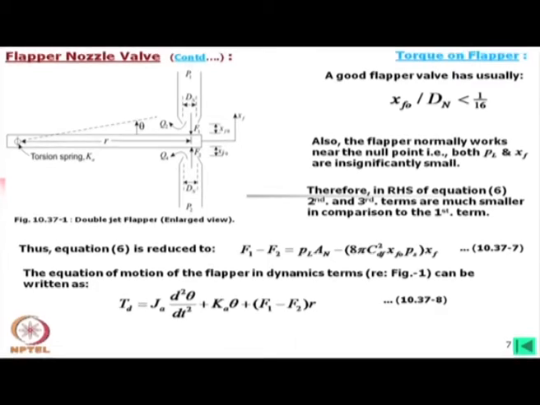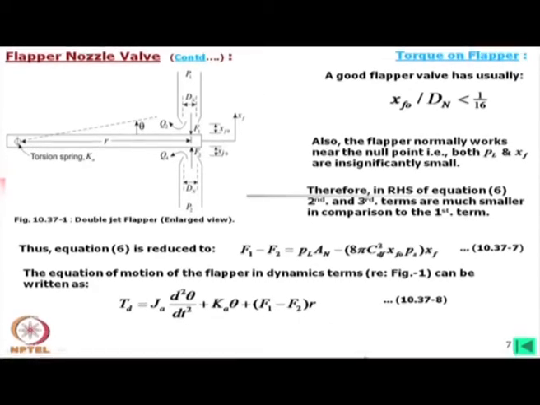Then we calculate the torque on the flapper, that means how much torque we need to operate this one. The equation of motion of the flapper in dynamic terms can be written as Td is equal to J, this is the inertia, times d square theta by dt square, plus this is the torsional spring stiffness into theta, plus the force into r, this is the arm.